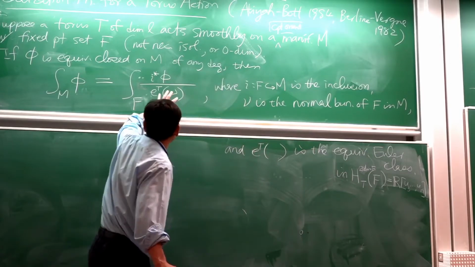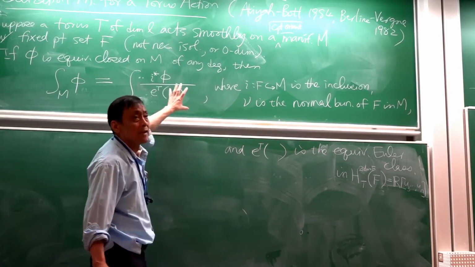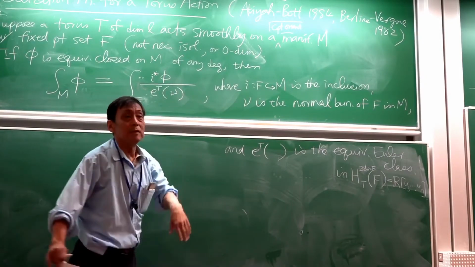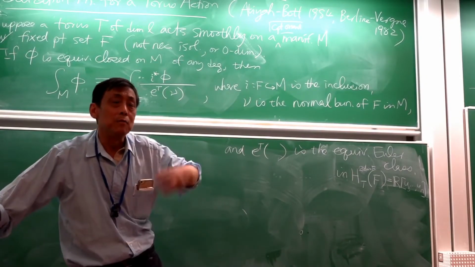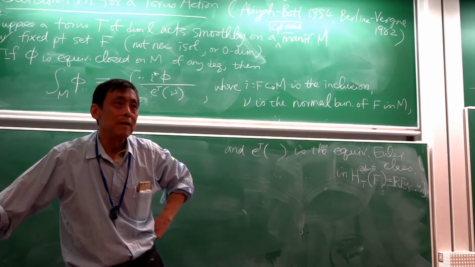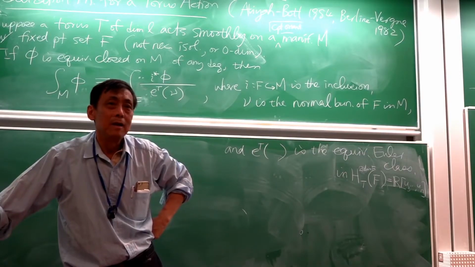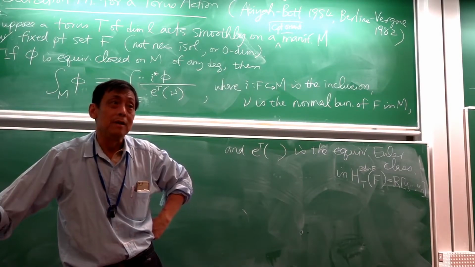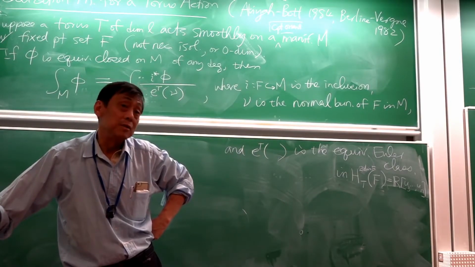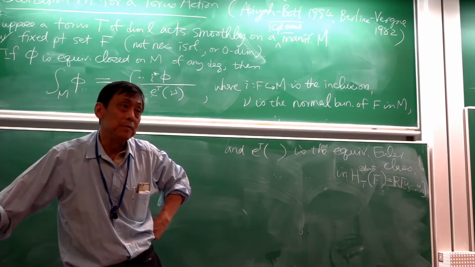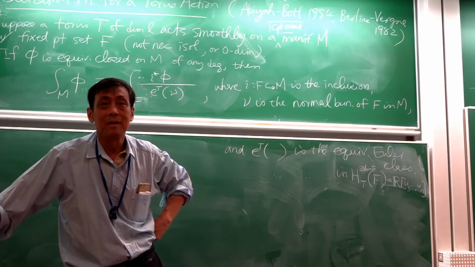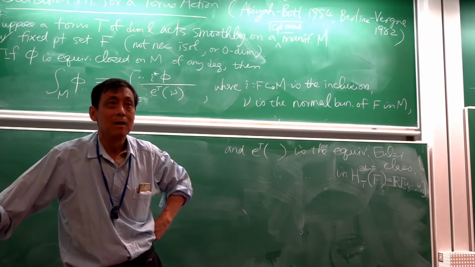So what kind of answer do you get after you've done your integration? Is it a number? Or is it a polynomial in the U's? Or is it something else? What do you think?